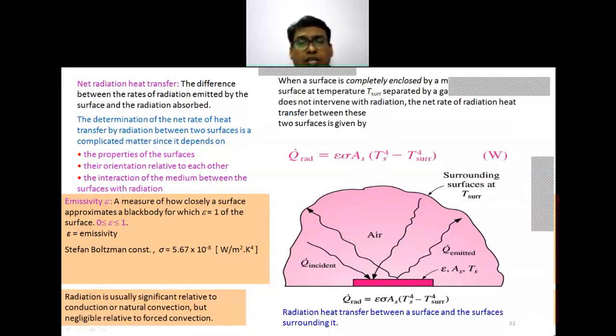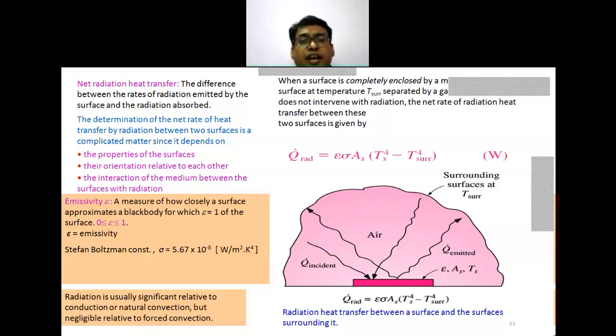Emissivity is a measure of how closely a surface approximates a black body, for which emissivity equals 1, and the Stefan Boltzmann constant has the value of 5.67 times 10 to the power minus 8 watt per meter square Kelvin raised to 4.